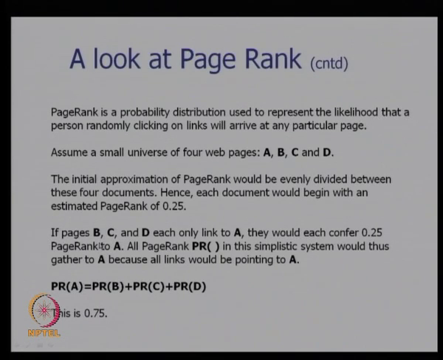So, if pages B, C and D each only link to A, they would each confer 0.25 page rank to A. All page rank PR in this simplistic system would thus gather to A, because all links would be pointing to A. So, page rank of A is page rank of B plus page rank of C plus page rank of D, which comes out to be 0.75.